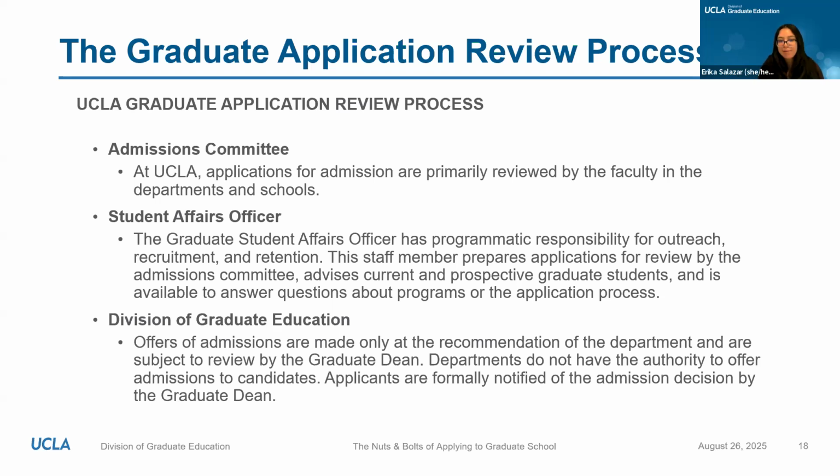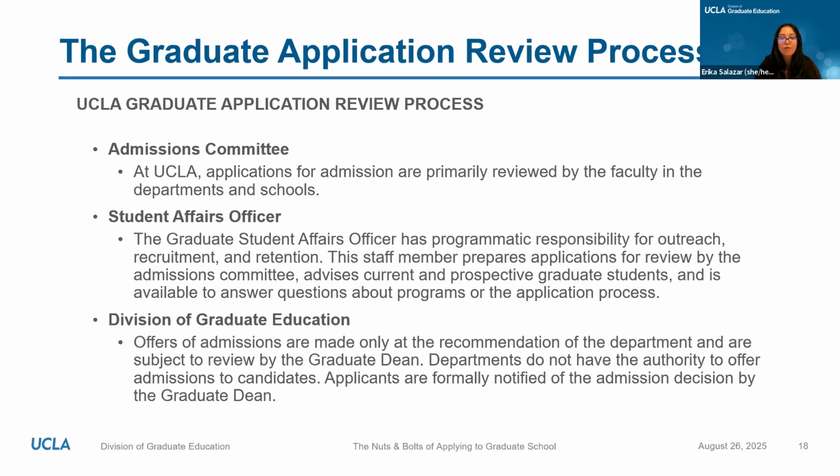Applications for admission are primarily reviewed by the faculty in the departments and schools. I talked earlier about a student affairs officer, but the graduate student affairs officer has programmatic responsibility for outreach, recruitment, and retention. This staff member prepares applications for review by the admissions committee, advises current and prospective graduate students, and is available to answer questions about programs or the application process.